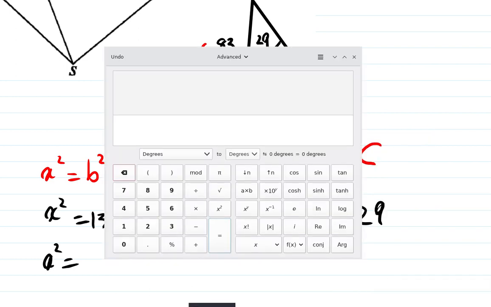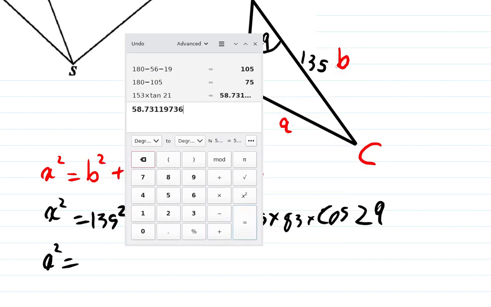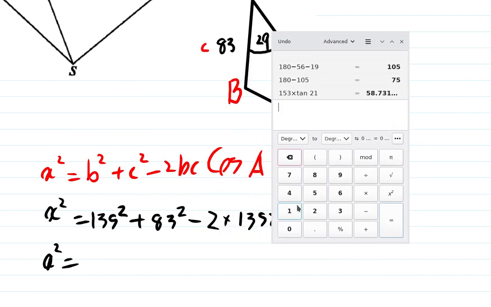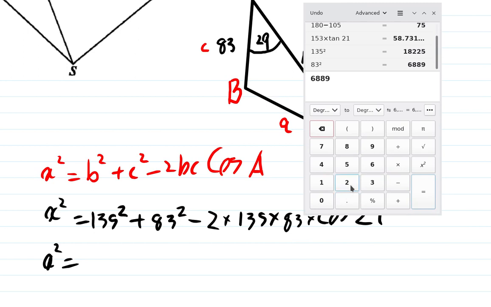Let me get my calculator. Alright, so I did 135 squared, then plus 83 squared, and then 2 by 135 by 83.